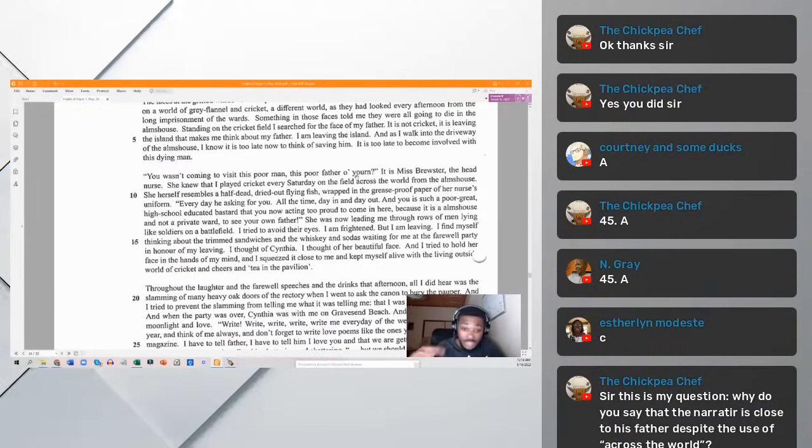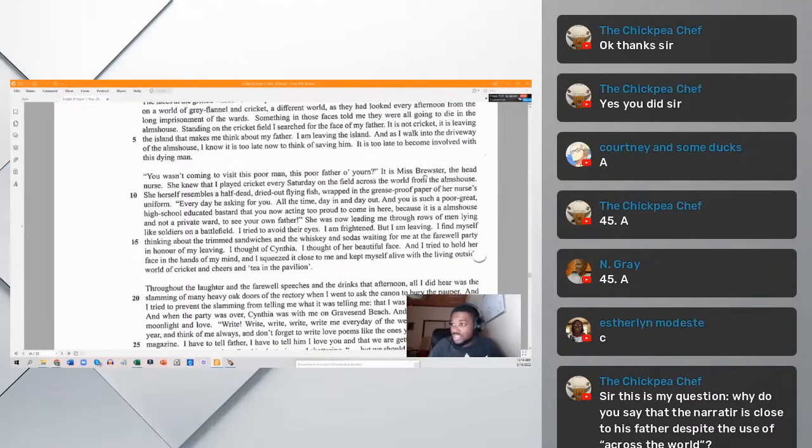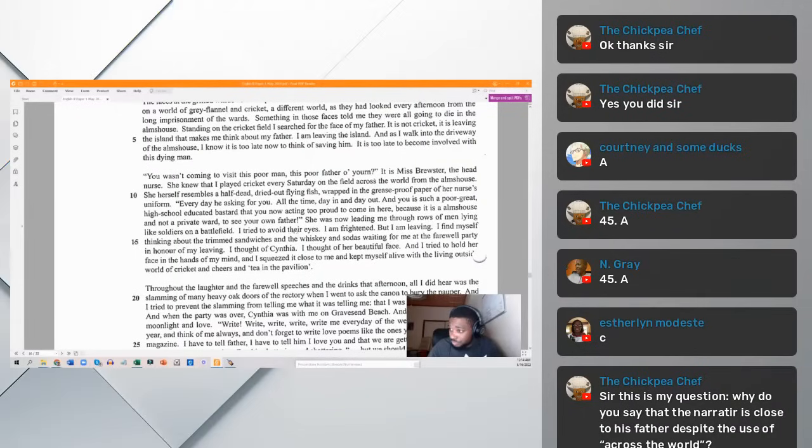We see that he finally comes to visit his father, or he's talking to the nurse. His father, I suppose, is dying now. And so he shows up, and the nurse is saying, you ungrateful bastard, he's here, poor old man, asking for you, begging for you. But we're not seeing any discrimination here against the speaker.